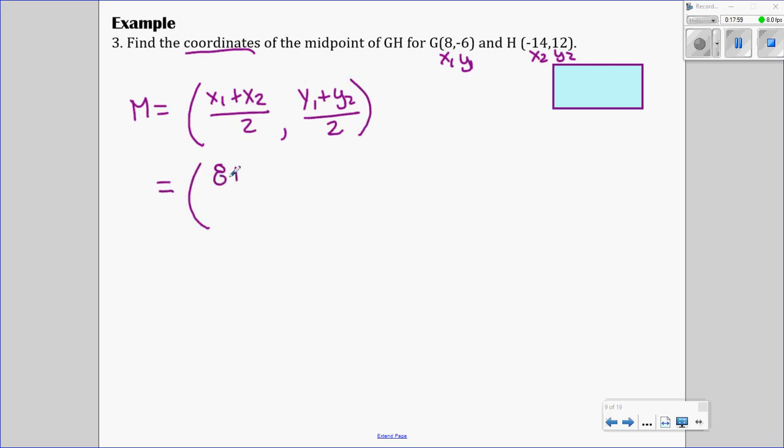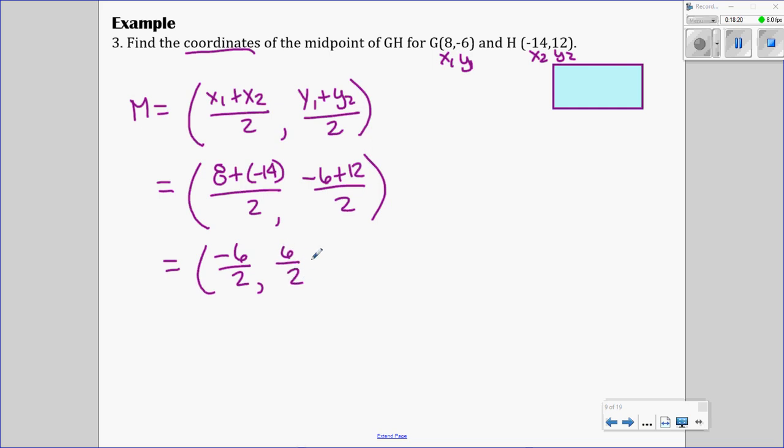We have 8 plus negative 14 over 2, comma, negative 6 plus 12 over 2. Continue to simplify. This will give us negative 6 over 2, comma, 6 over 2. Continue. And I'm going to put my m. This would be negative 3, 3.